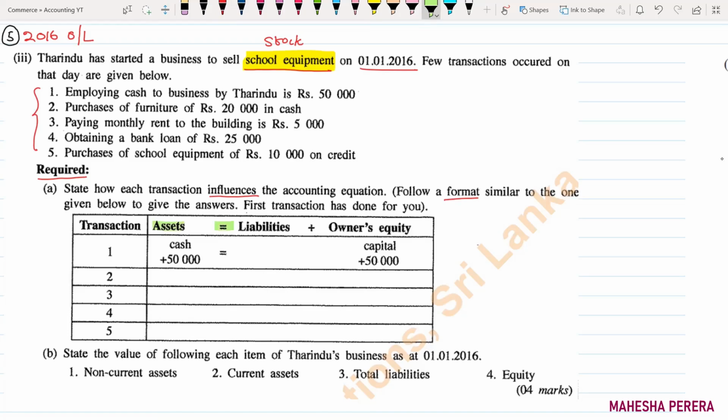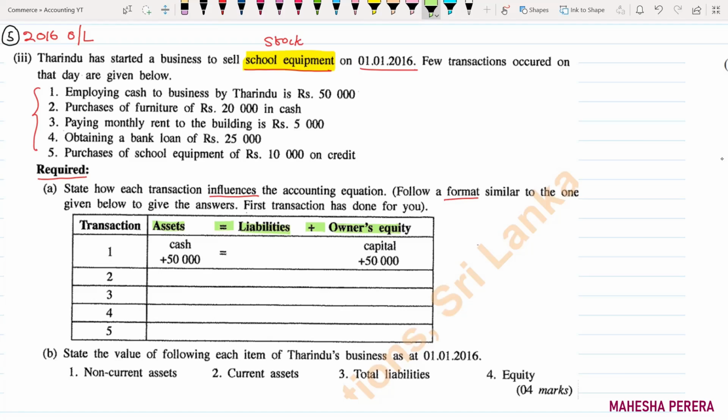Assets equal liabilities plus owner's equity. Right, now normally we say our equation as assets equal equity plus liabilities, no? Right? But they have changed liabilities and equity positions. It's okay, right? Anyhow, you need to follow their equation. Are we clear? You're not going to change it.